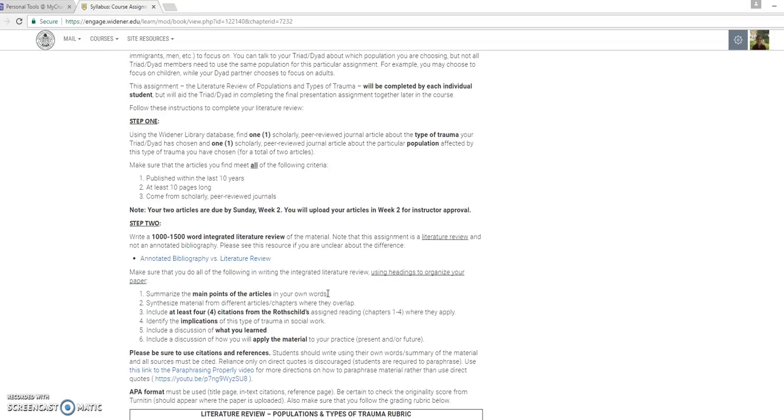How will this impact the child and impact the work that we do with them? So this is where your critical thinking is going to come in. Okay, and this is a really key area that I look forward to reading. A discussion of what you learned and how you are going to apply the material.